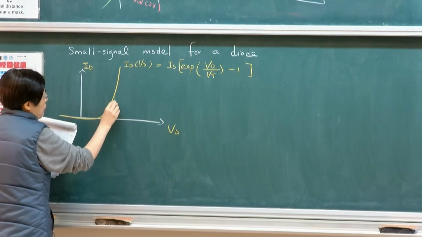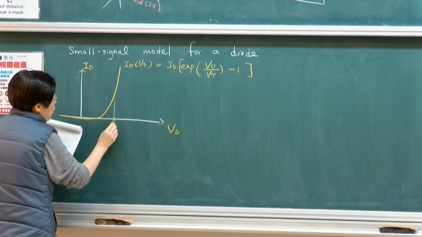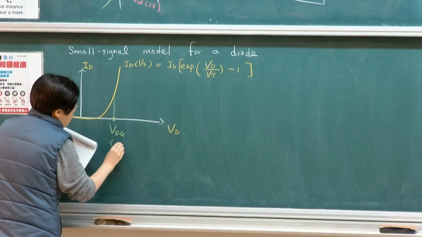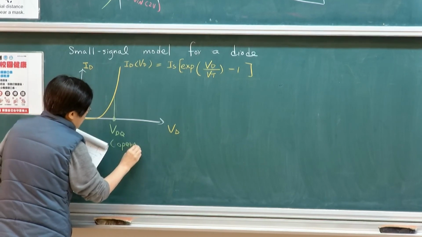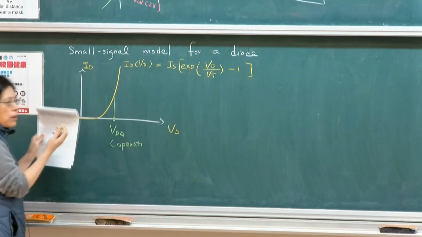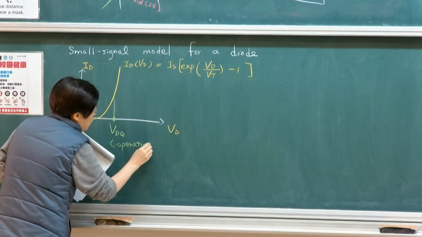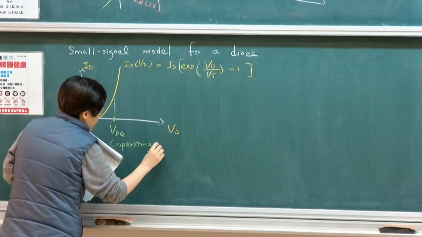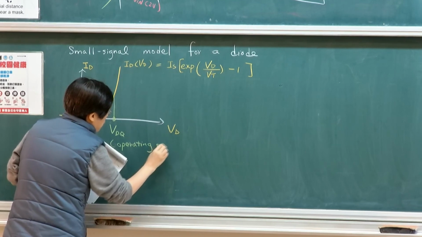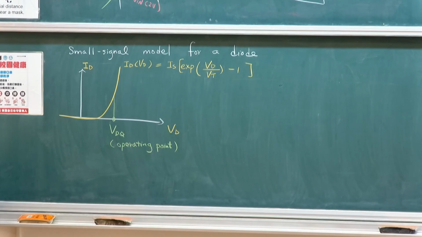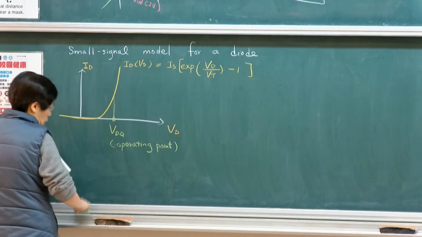Let's say I'm standing at this particular point, which I define as VDQ. This is my operating point, or quiescent point. I'm using Q because it's less confusing than O. So let's say this is my operating point.